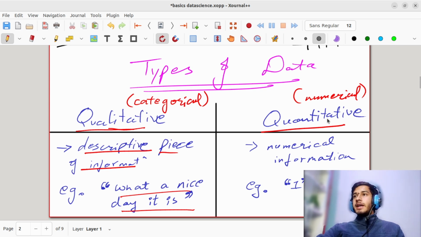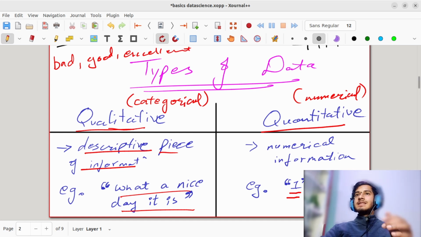Quantitative data will be your numerical information, like 1. 1 is numerical data, okay? And 3.65, this is also numerical data. Let me take an example: if I say bad, good, and excellent, what kind of data is this out of these two?